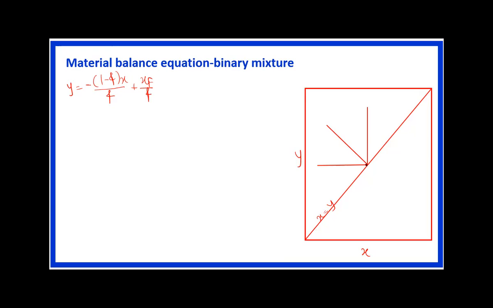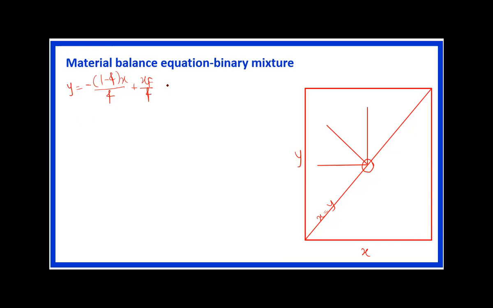So for drawing the operating line, we must have the point which is placed on the diagonal. So that is nothing but the point of intersection of the operating line and the diagonal. So this is the point. So that point should be clear first. So let us obtain that point first.